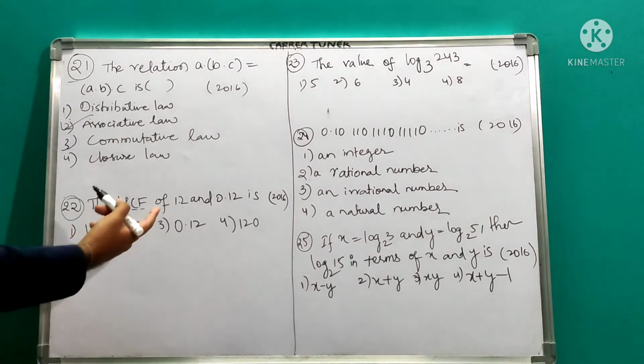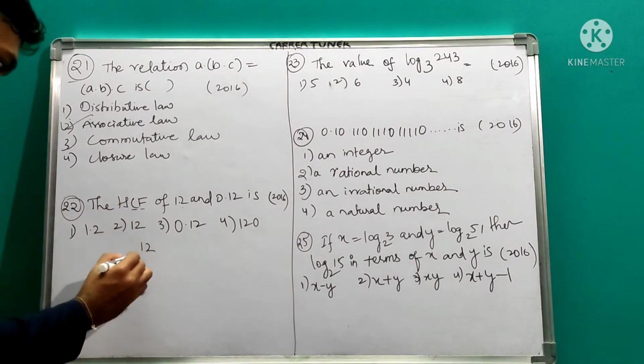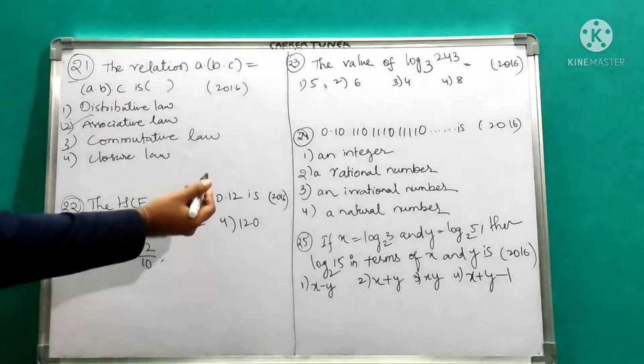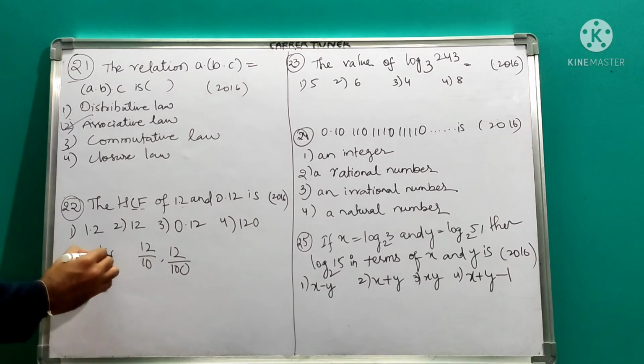Next, the HCF of 1.2 and 0.12 is. So if you see, 1.2 is a decimal, so it can be converted as 12 by 10. Next is 0.12. It can be written as 12 by 100. Now we need the HCF of two fractions.